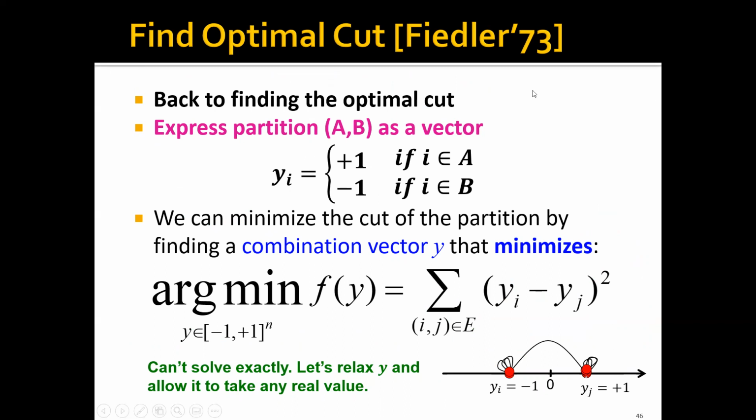We can express any partition A and B as a vector y, where yi is equal to positive 1 if node i is in group A, and yi is equal to -1 if node i is in group B. We can minimize the cut of this partition by finding a vector y that minimizes the following objective function: we sum over all the edges the difference between yi and yj, and we take the square.